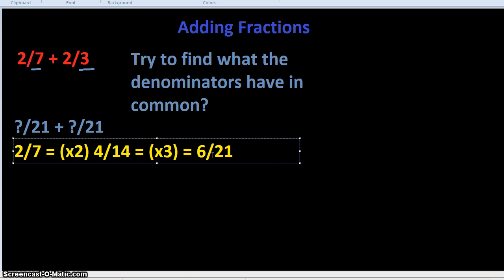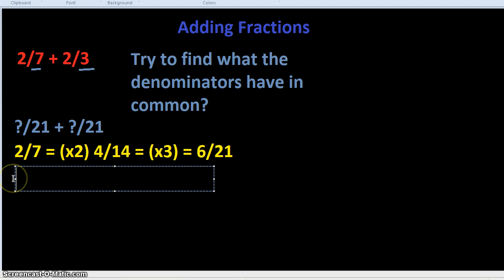So you've noticed I've turned 2 over 7 into a number over 21 because I knew that 7 goes into 21 3 times, so I multiplied the top and the bottom by 3. Now the same with 2 over 3. We know that 3 goes into 21. So can you guess what number I'm going to have to multiply the top and bottom by?